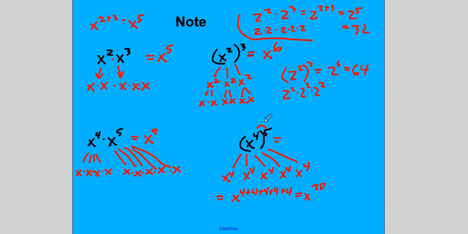If you catch on here, when you have a power, you multiply the exponents. When you have a base to something times the same base to something else, you can add the exponents. So going forward in the next couple questions, please note particularly this one, those examples.